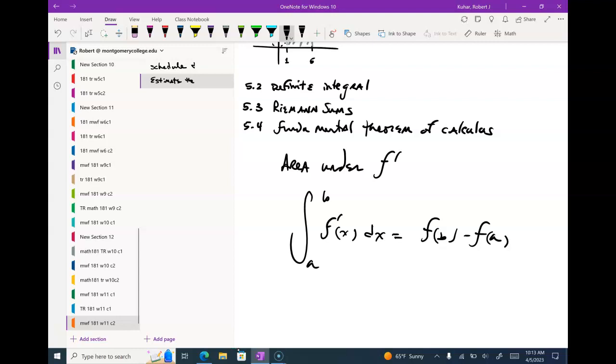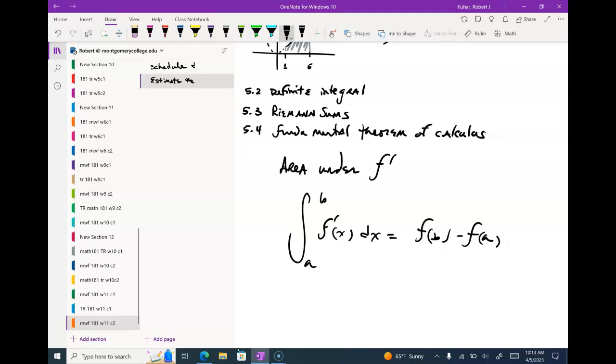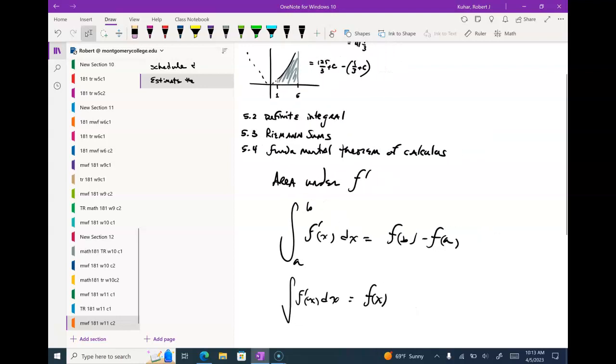I use the original function to find the area. The second piece of it says that, not quite exact, but if I'm doing an indefinite integral, meaning no bounds, I don't want the area, I just want the integral to get me back to the original function. I'm starting with the derivative, I'm getting back to the original function, right? And so those in combination will make up the fundamental theorem of calculus.